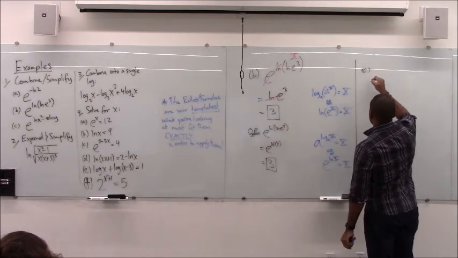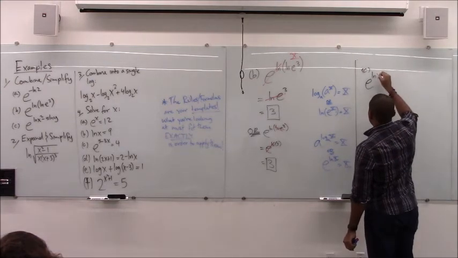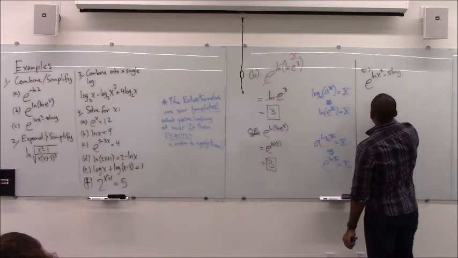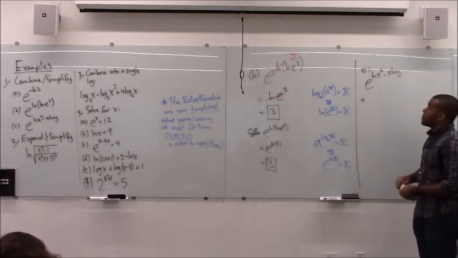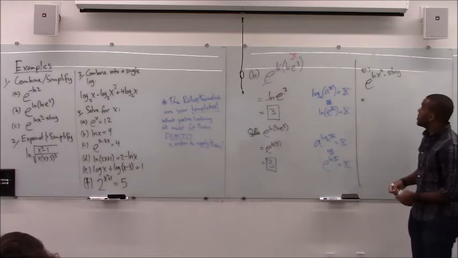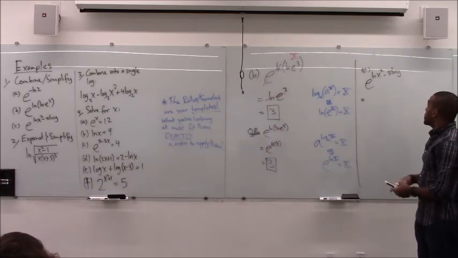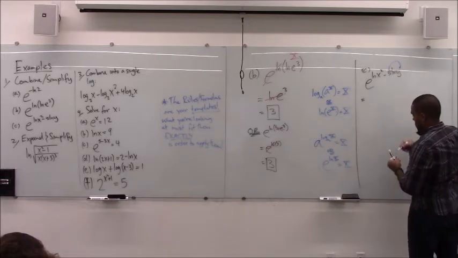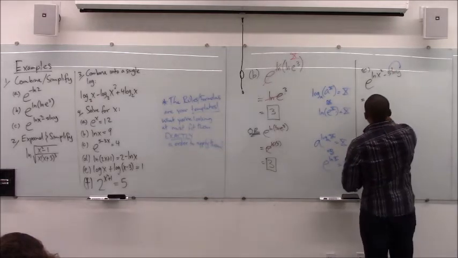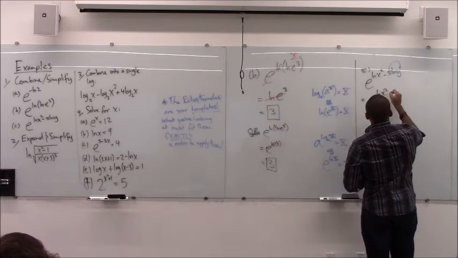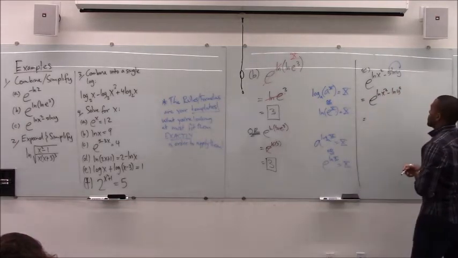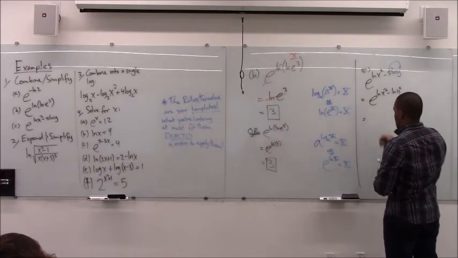Okay, what about this one? e to the ln of x squared minus 5 ln of y. You could move the 5 to the exponent of y, so that would be e to the ln of x squared minus ln of y to the 5th. You could divide those because of the subtraction rule.